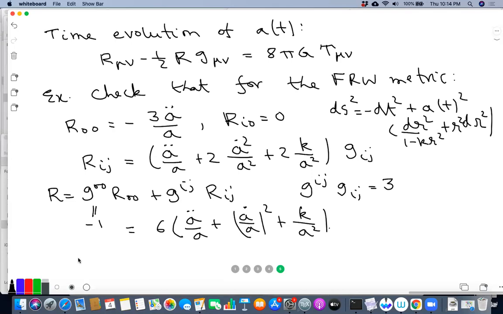So this immediately implies that you must have T_i0 equal to 0. The other thing that follows is that R_ij is proportional to g_ij, so T_ij must be proportional to g_ij.